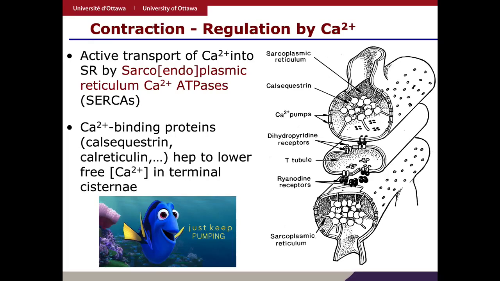These pumps are always active, even in relaxed muscle. They maintain the low calcium levels in the cytoplasm. They are analogous to the bilge pumps on boats that pump water back out if it has leaked in.